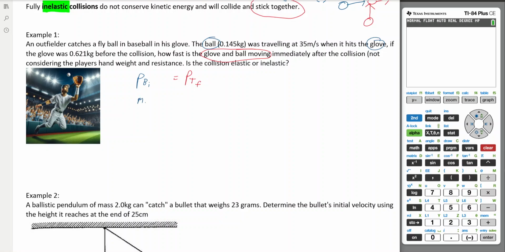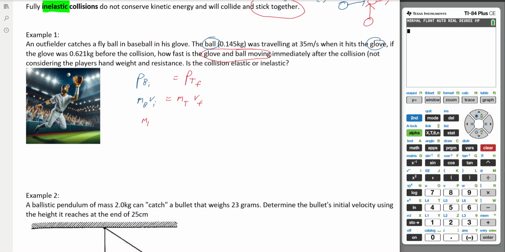So m_B v_i equals m_T v_f. m_T is just a stand-in for the mass of both together, or total mass. So if we're finding the speed after the collision, then we're going to have to divide by m_T on both sides.